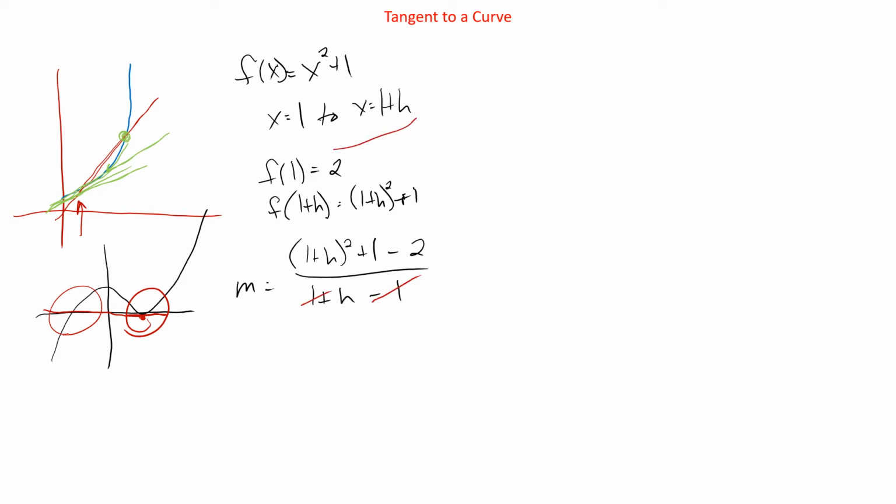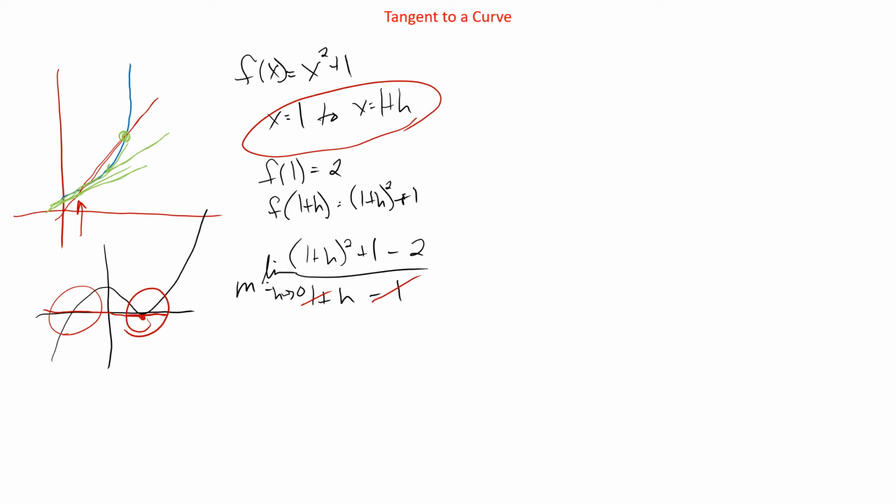This denominator is always going to be h, so we don't need to actually subtract. We can just plug h in, and when we see the formula, we will see that. So this is the slope, and then we're just going to take the limit as h goes to 0 of that slope.